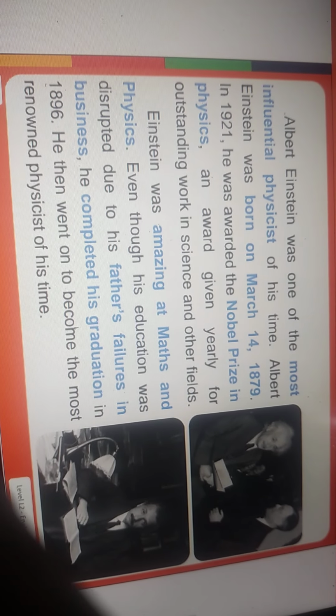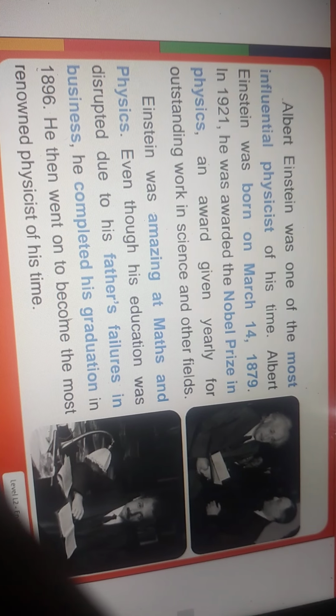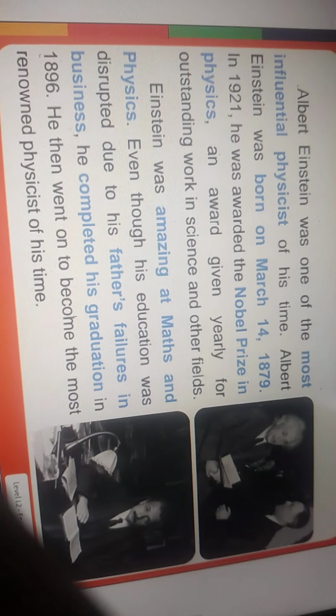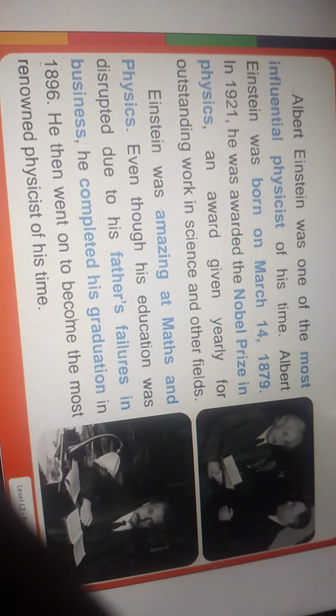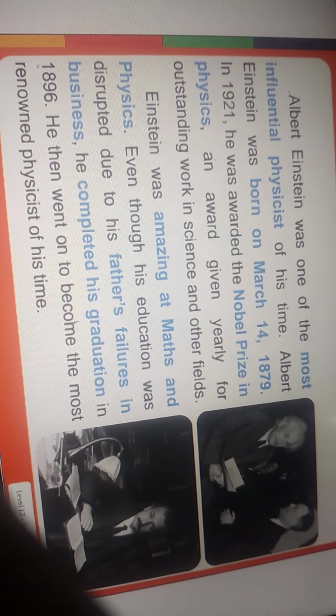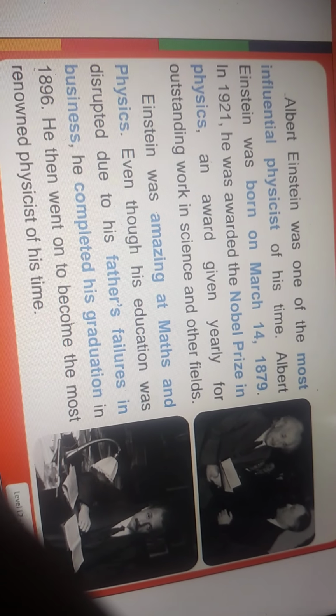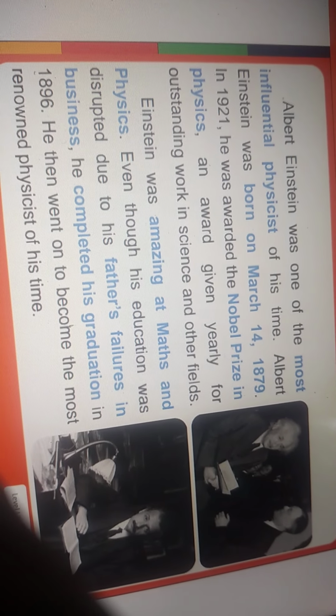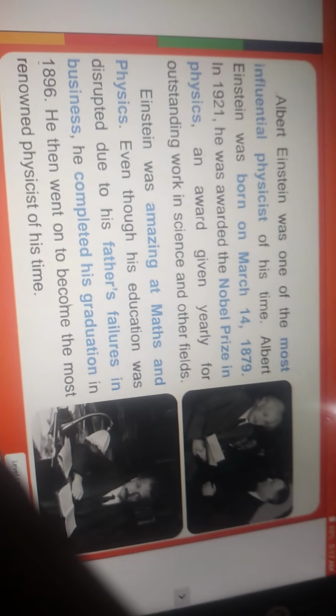So here the blue color words are all important things. Most influential physicist, born on, Nobel Prize in Physics, amazing at maths and physics are all very important things with which we can easily understand the story. So we take these and write them in the boxes in the mind map picture.